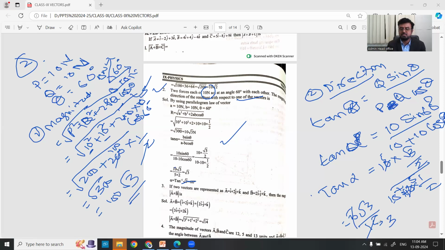If minus comes, you can get the 5 only, so it is equal to root 3 as the answer. I wrote P square in terms of P, Q because we already learned in the derivation. So when you come to the direction point of view, tan alpha is equal to P sin theta by P minus Q cos theta. From there, we get the answer as root 3. Just copy both.